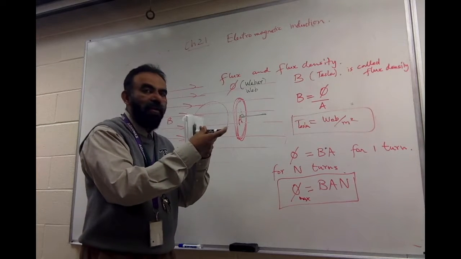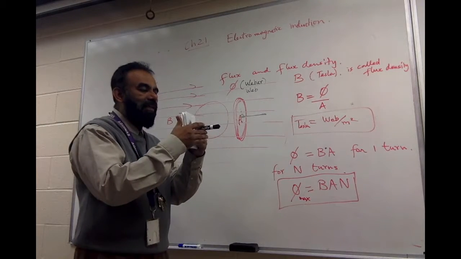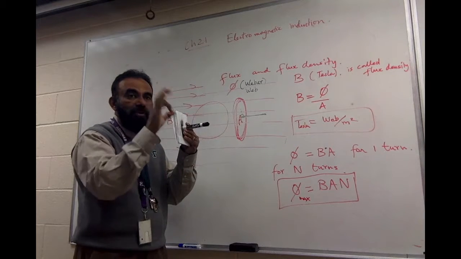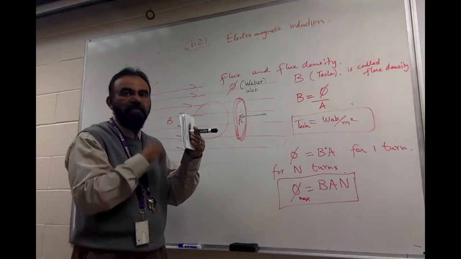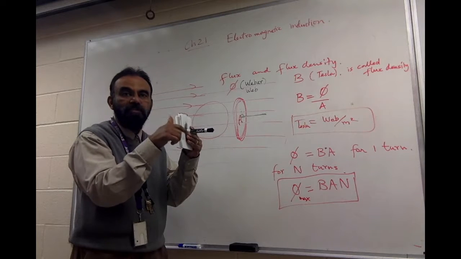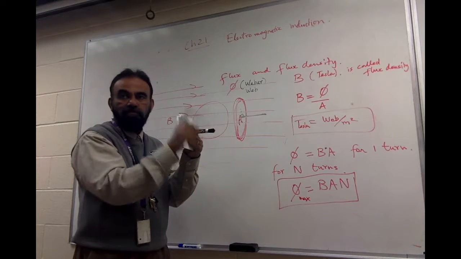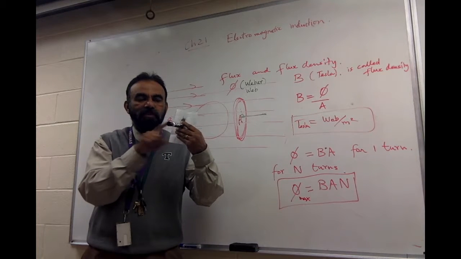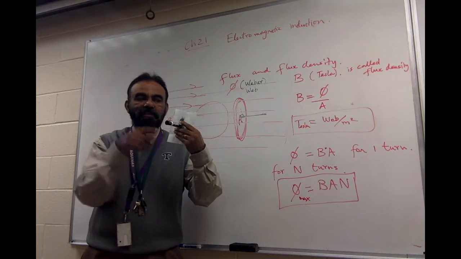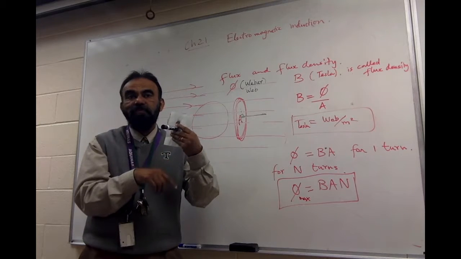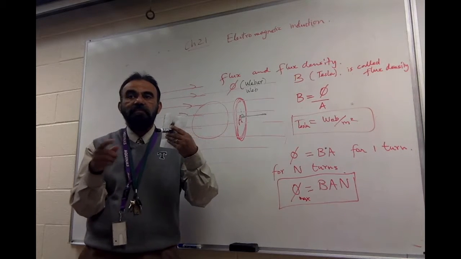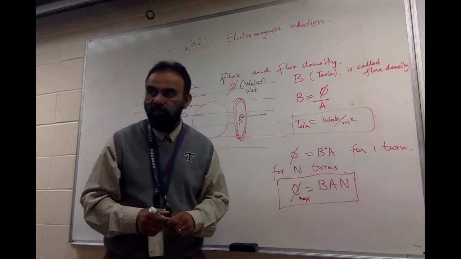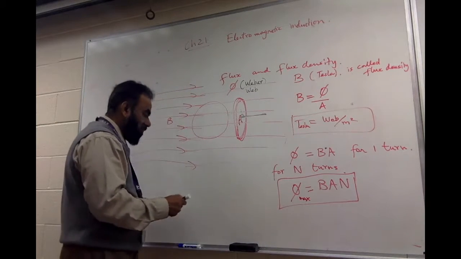If the angle between the perpendicular to the plane of the coil and the magnetic field is 0, that means you have maximum flux, because cosine 0 is 1. When I turn it like that, the angle between this perpendicular and the magnetic field is 90. Cosine 90 is 0. So the flux linkage actually has a cosine angle component.